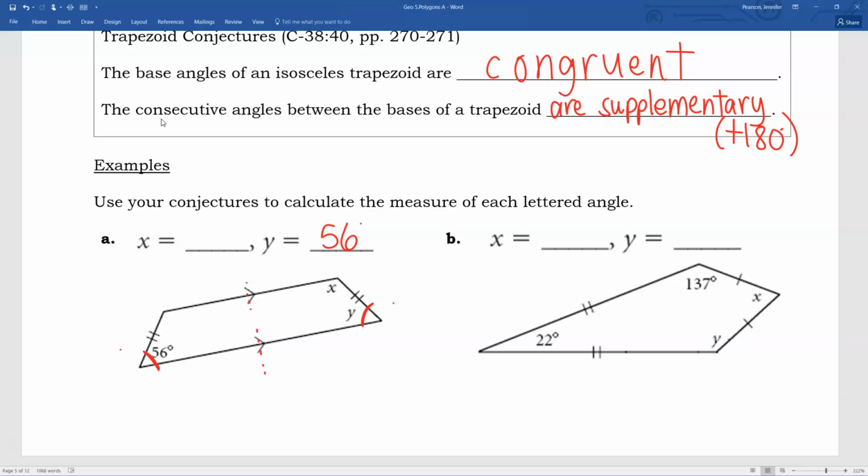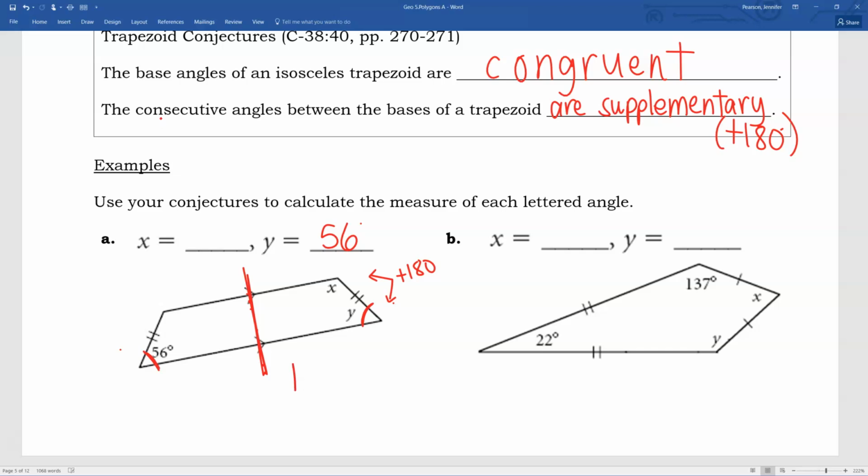Now we have two different ways to get angle X. One way is that we can remember all four of these angles sum to 360, but a little faster way would be that these two consecutive angles are going to sum to 180. And again, it's because the whole shape makes 360, half the shape is going to make 180, so rather than making the whole shape make 360, I'm just making that half of the shape make 180.